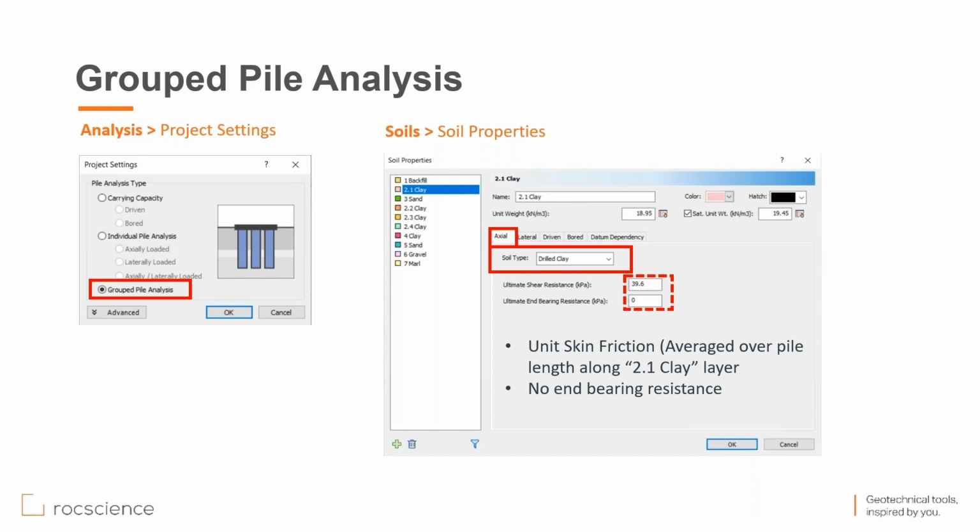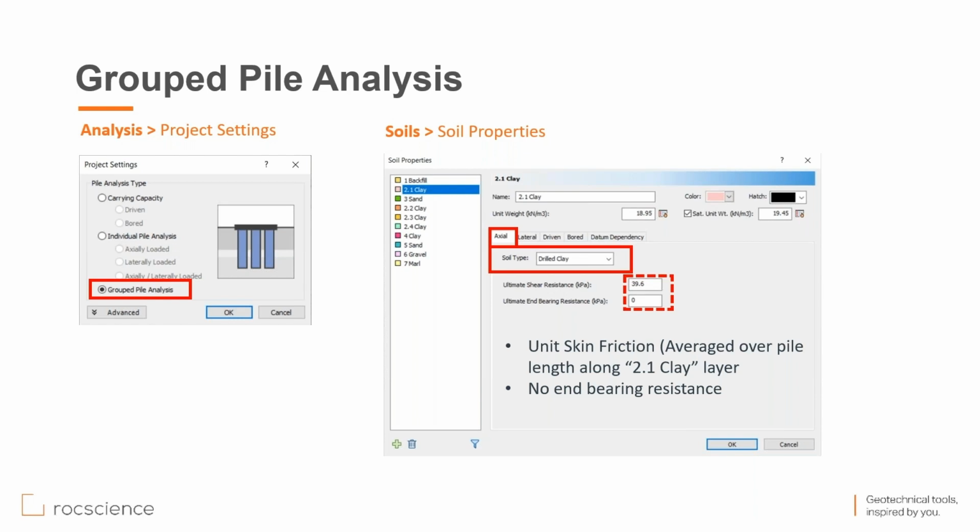To begin with the axial capacity in a typical clay, we set the soil type to drilled clay, although there are many others you can use. The ultimate shear resistance is based on the averaged values we have preferred over that layer in our soil parameters.